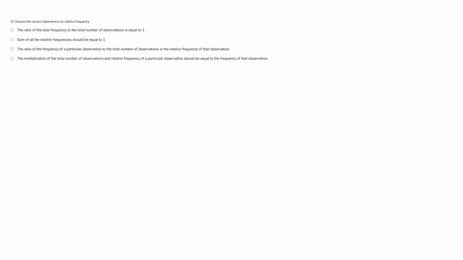Next question. Next question says that choose the correct statement on relative frequency. The first statement says that the ratio of the total frequency to the total number of observations is equal to 1. It means the same thing. So this will be a no. Sum of all the relative frequencies should equal to 1.